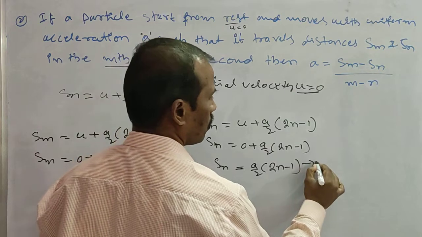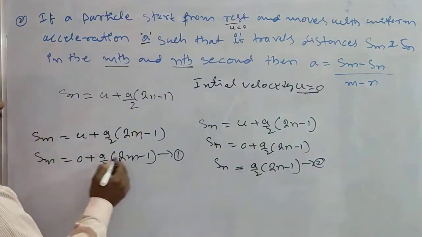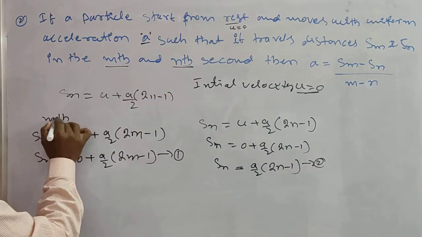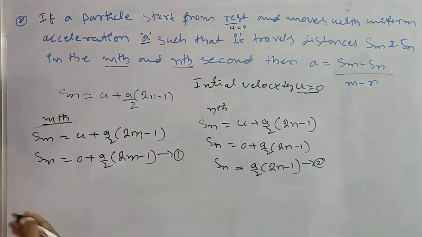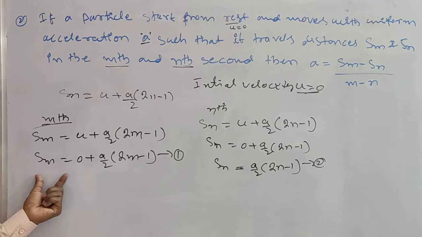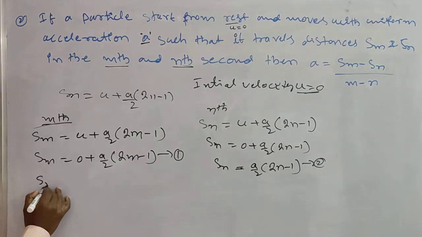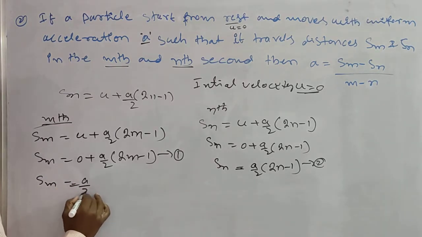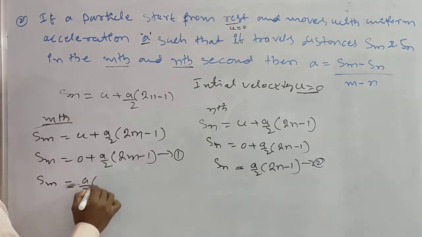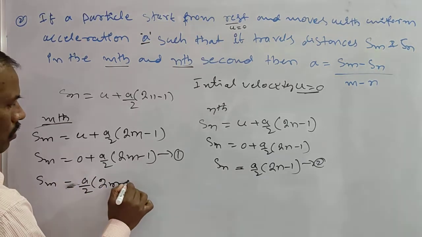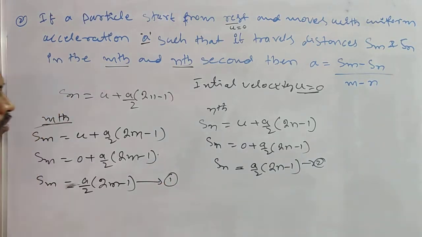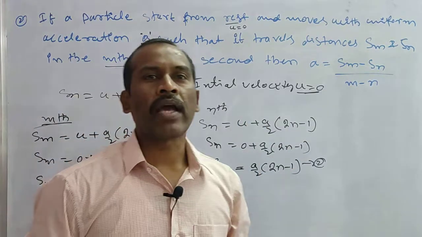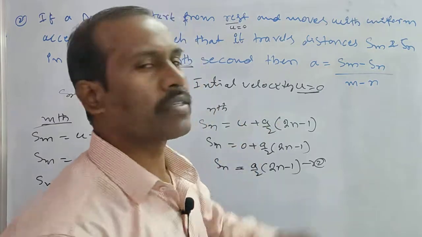This is equation 2. This is the mth displacement, and this is the nth second. Now displacement sm is equal to simply a by 2 into (2m minus 1). This is equation 1. Now we find the uniform acceleration of the particle.